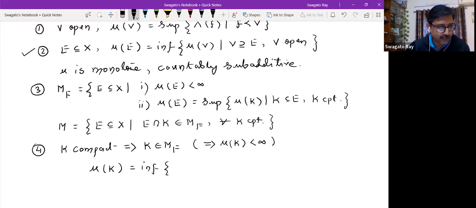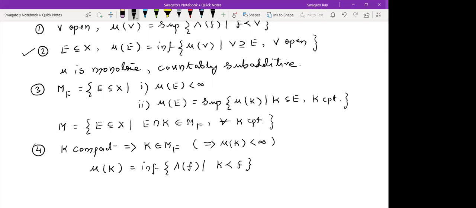But this theorem proves that it is the infimum of lambda F, such that F is a compactly supported continuous function, the value of F lies between 0 and 1, and F is identically equal to 1 on K, right? This was proved in the last class. Are you in agreement?